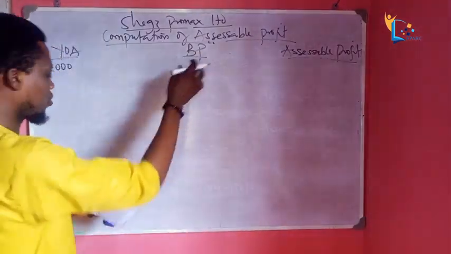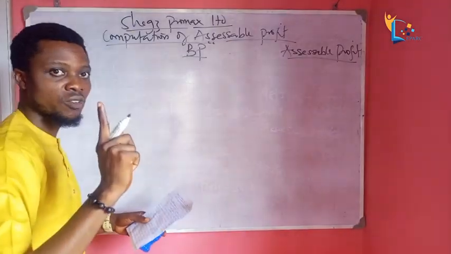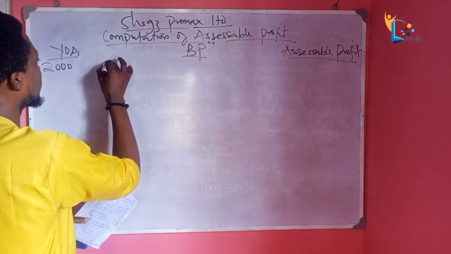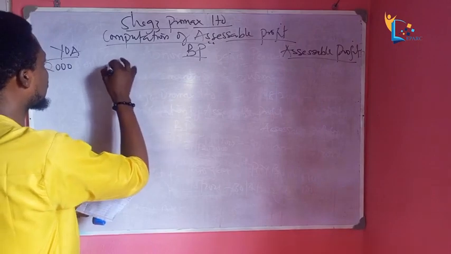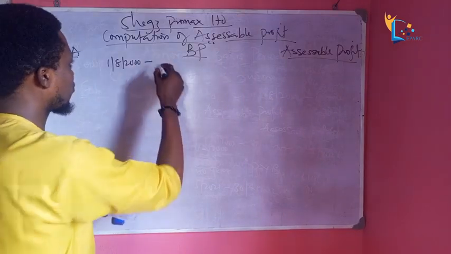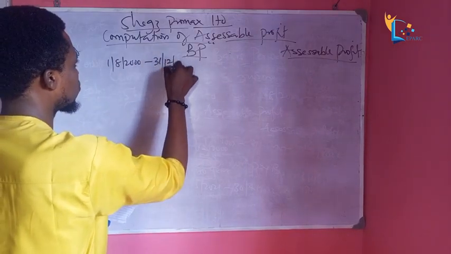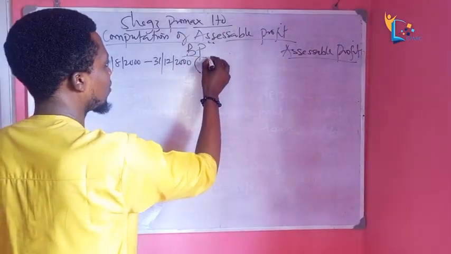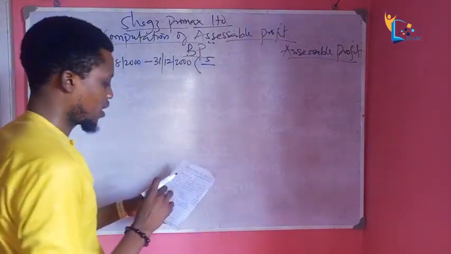Then the basis period, the first rule says from the date of commencement to 31st December of that year. The business commenced 1st of August 2000, then to 31st December of that same year, 2000, will give us 5 months. So we're going to have 5 all over.